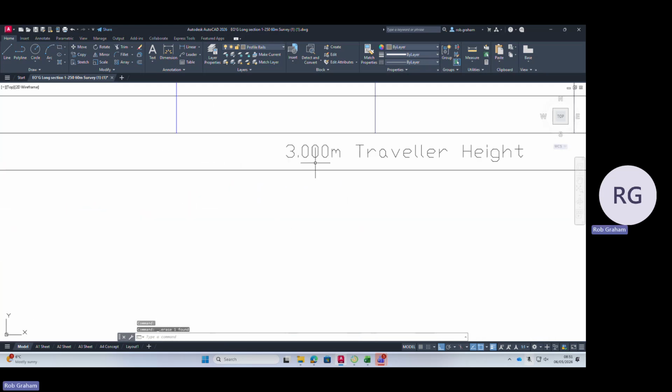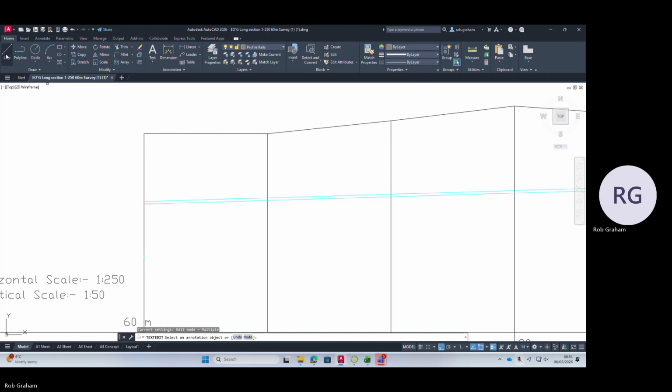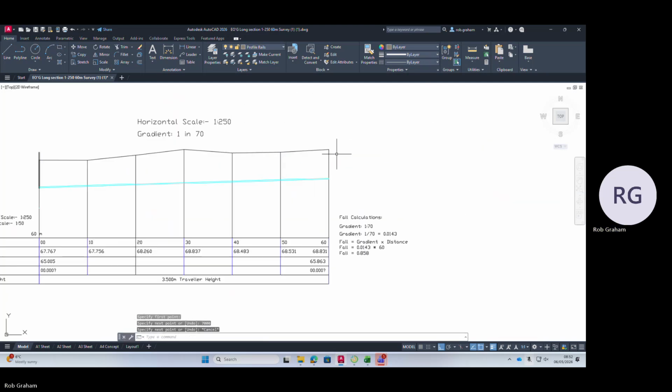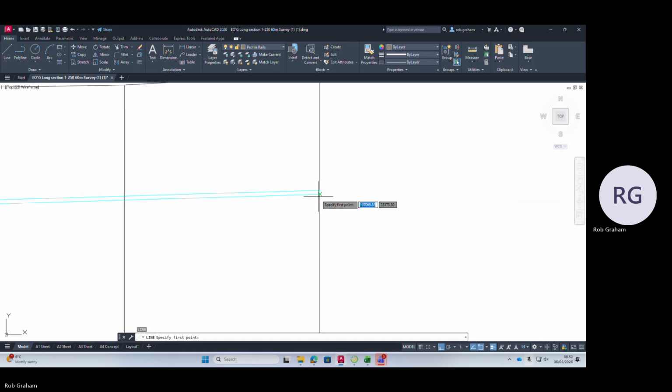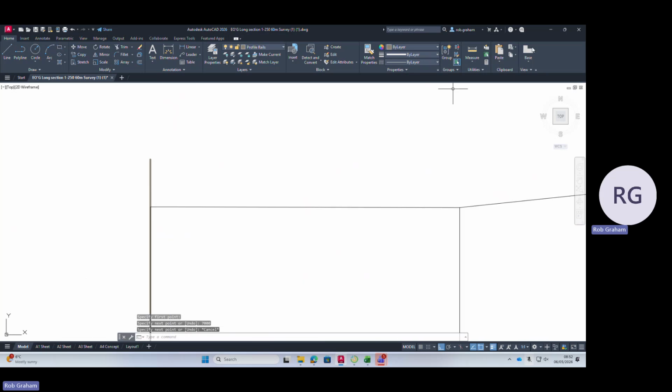So now we need to go in here and change our traveler height to the next multiple of 500 mil, 3.5 meters. So again, we'll draw 3,500 times 2 is 7,000 at this side, 7,000 at this side. And again, we'll check our dimensions.